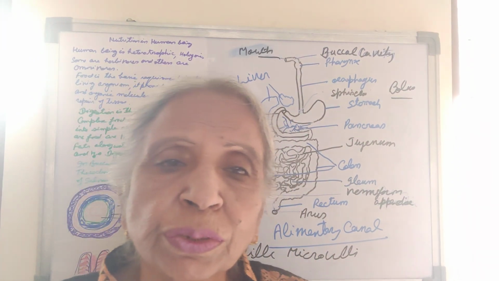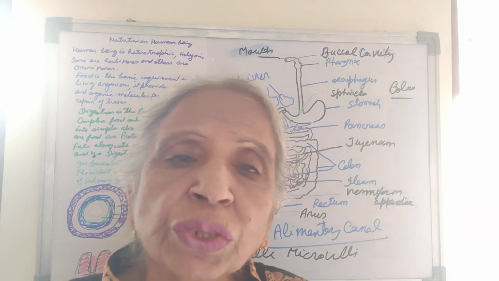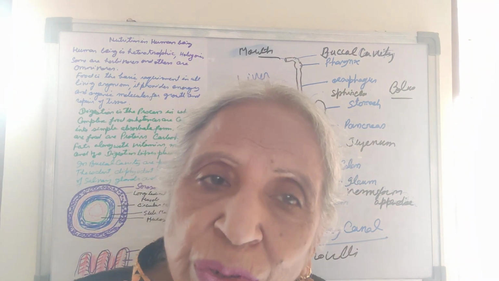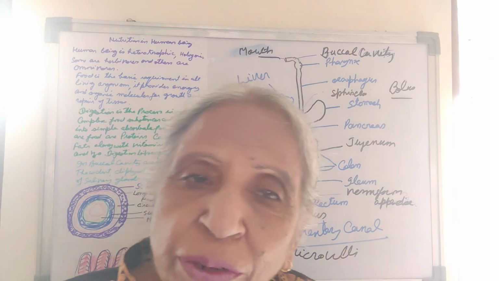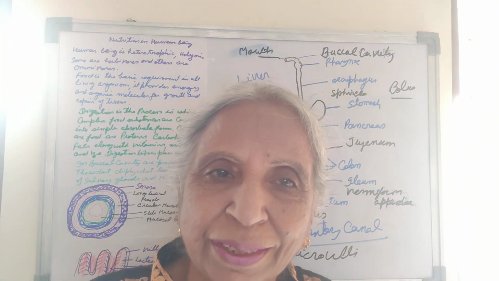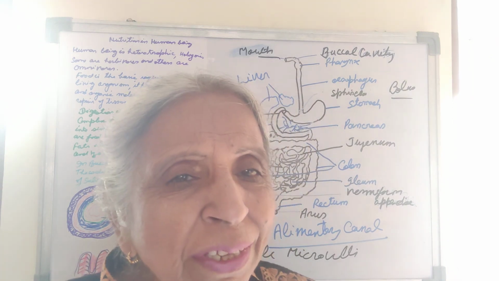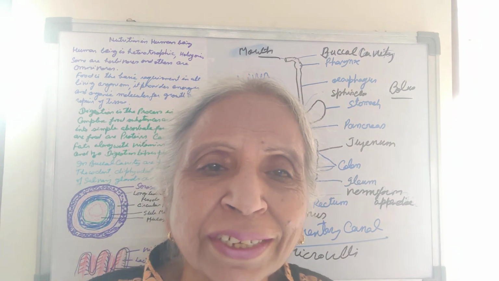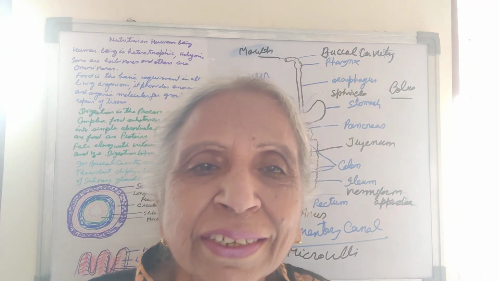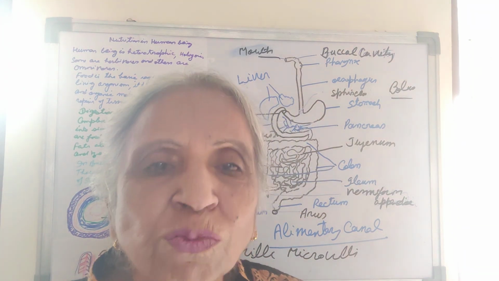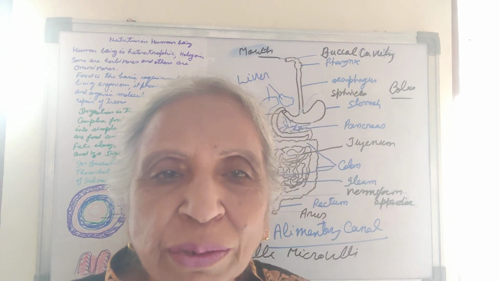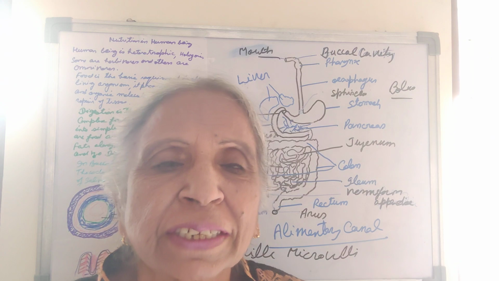So nutrition in human beings is heterotrophic. It is holozoic; some human beings are herbivorous, and some are omnivorous. Heterotrophic means they cannot synthesize their food themselves. Holozoic means they take food from outside in the form of complex substances and convert them into simpler substances inside the body with the help of digestive juices.